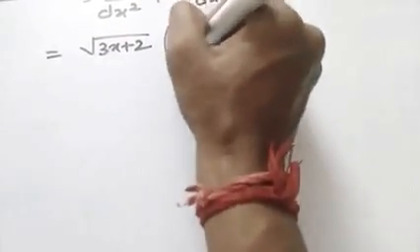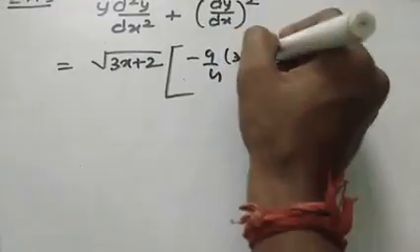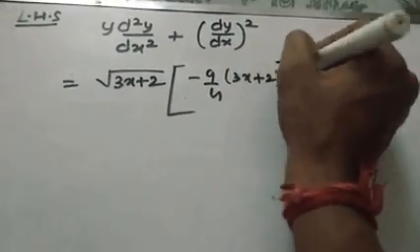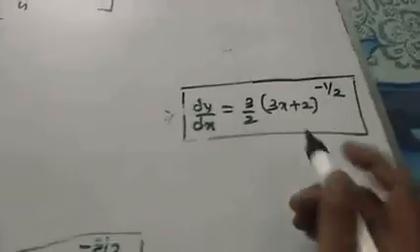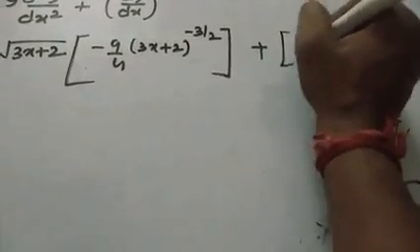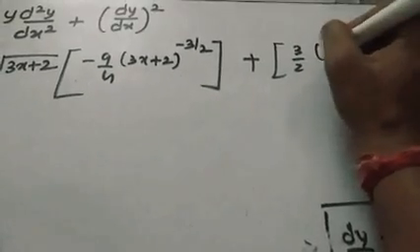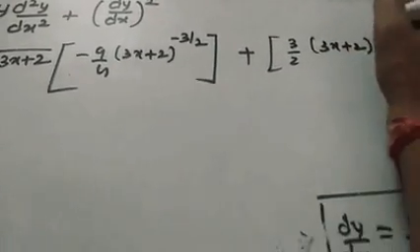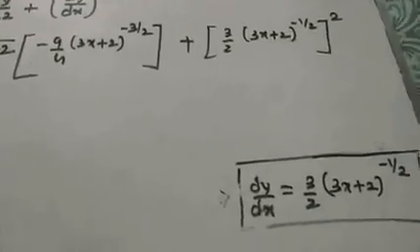This expression, that is minus 9 by 4 into (3x plus 2) to the power minus 3 by 2, plus dy by dx. What is the value of dy by dx? 3 by 2 into (3x plus 2) to the power minus 1, and that is whole square. Okay, this was the value.